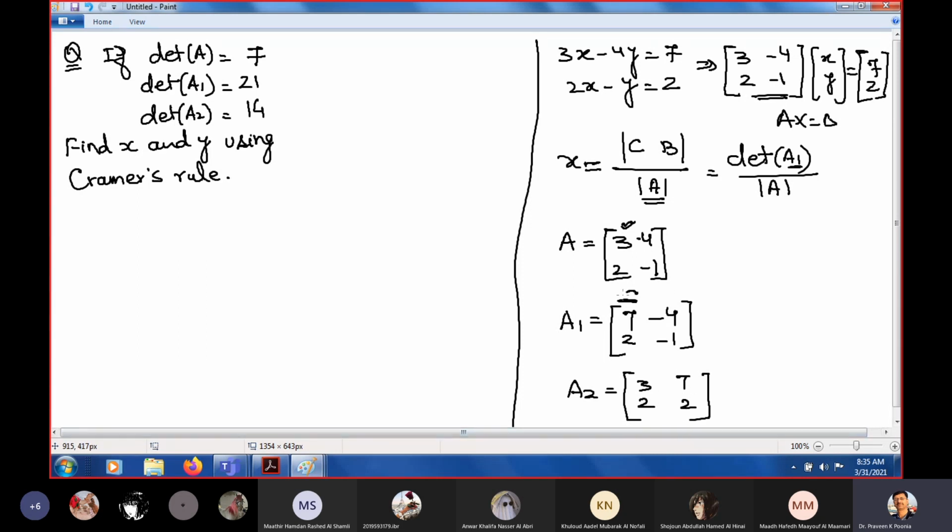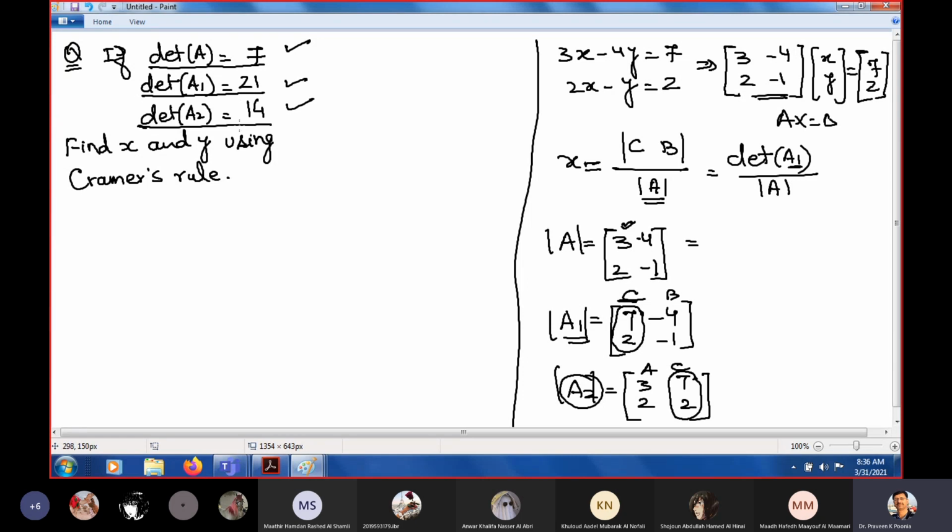So you can see here it is B, here it is A. So it is same to same. Whatever I taught you, there is no change. Only A1 means replace first column, A2 means replace second column. And if you find the value of the determinants of these, then these values are given directly here: determinant of A, determinant of A1, determinant of A2.